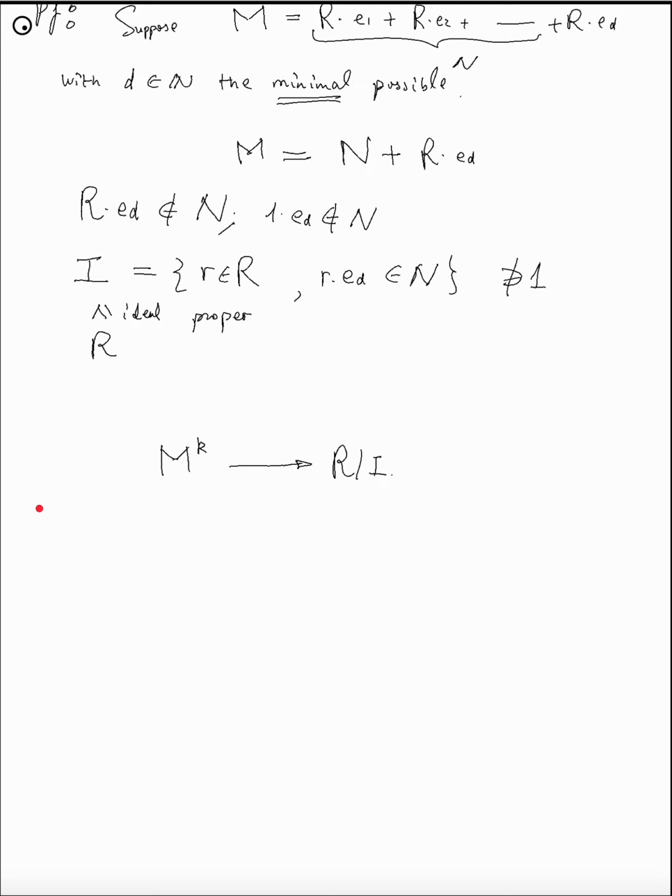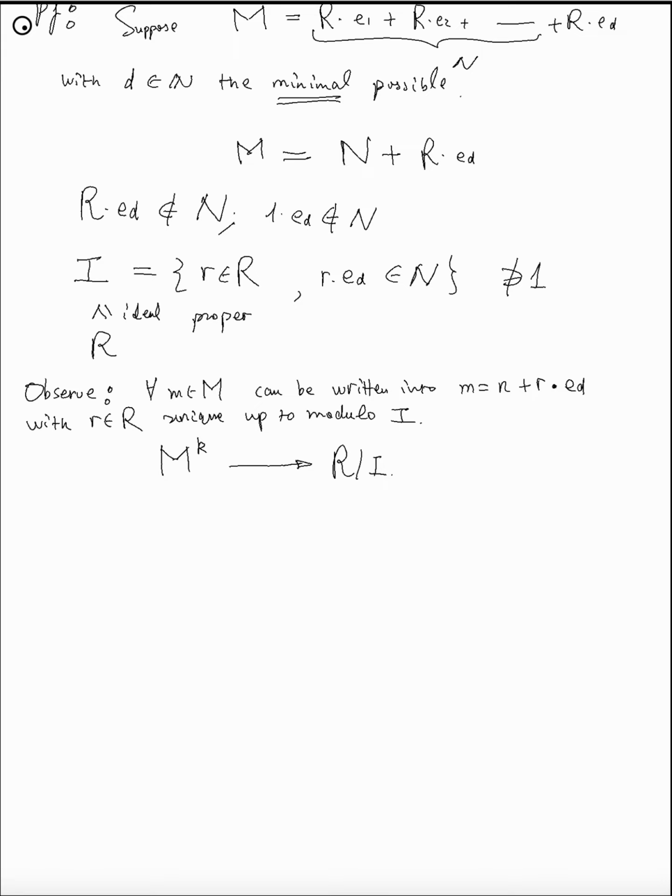So this is the very constructive part. So the observation is that any element can be written as an element in N plus some r times ed, with r unique up to modulo the ideal I, proper ideal.